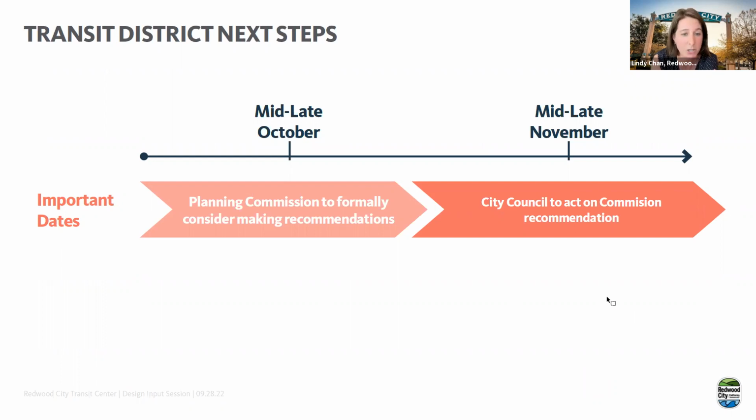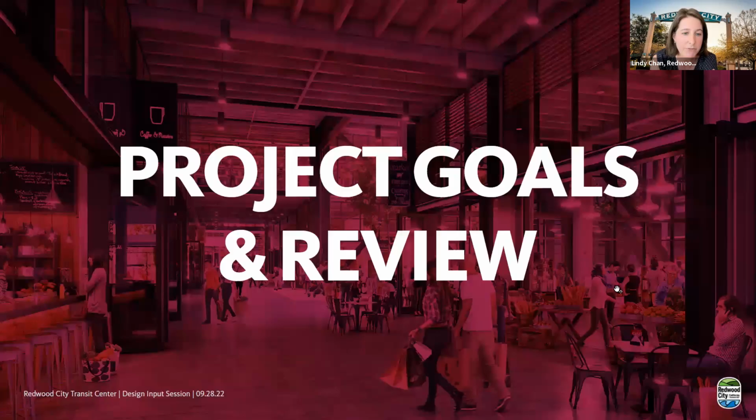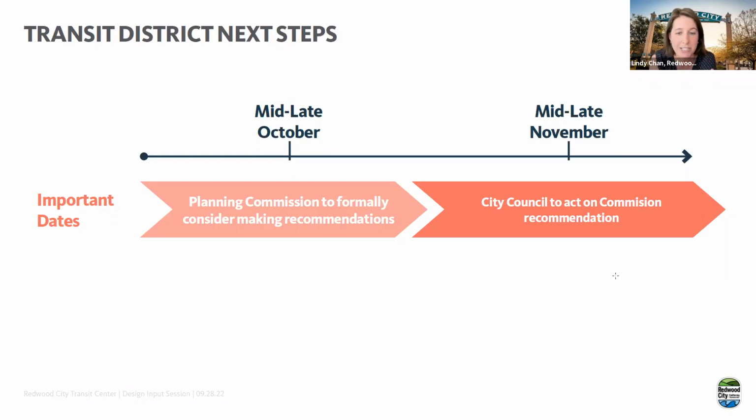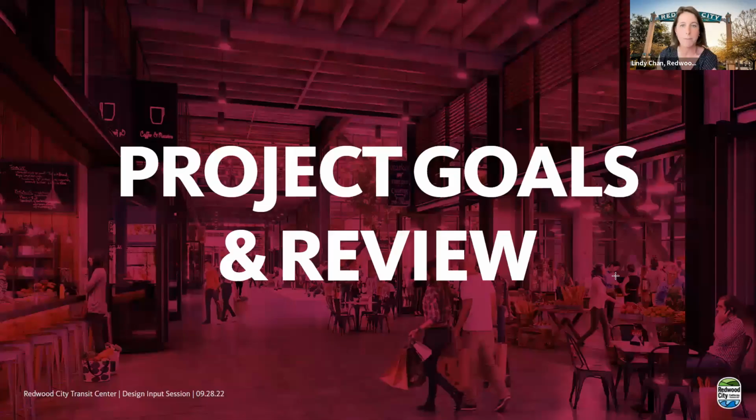So early in October, we hope to release the final subsequent EIR, and then to take the package, both the EIR and the transit district amendments, to the Planning Commission, targeting October the 18th, and then ultimately to the City Council in November. Separately from the transit district, the city and its partner agencies will continue its work on outreach on the grade separation and station design. This work will really continue beyond 2023, with many more opportunities to shape the transit center over the coming years. Next slide, please.